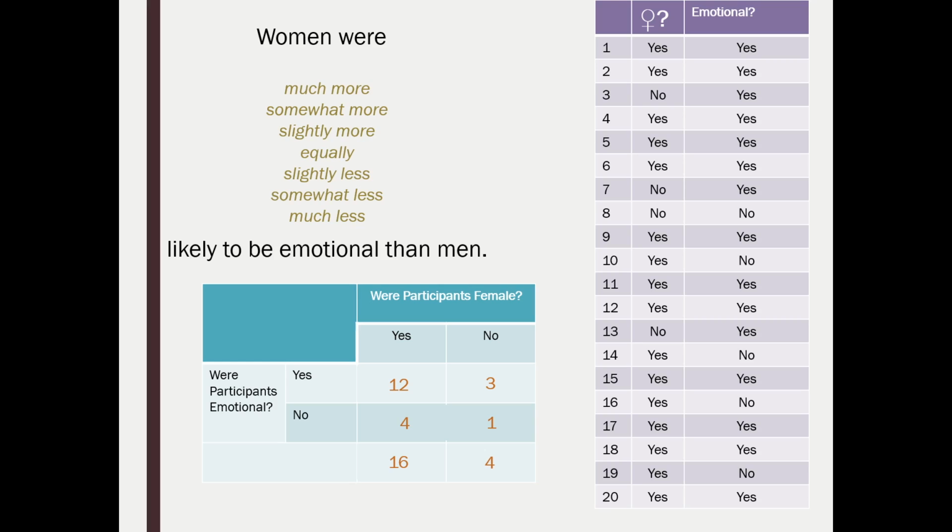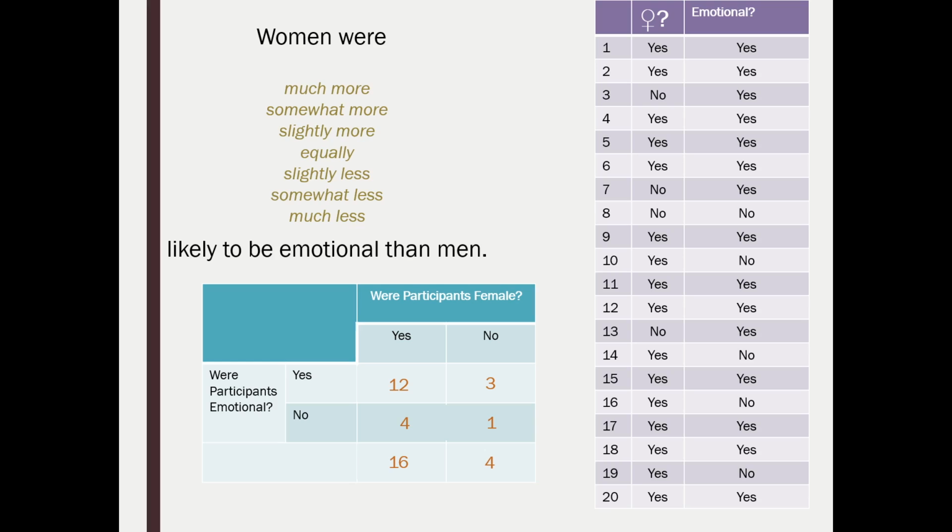So this is a really super simple one. We don't have to compute any statistics to confirm our interpretation that they were equally likely to be emotional. There are statistics that we could run if this was closer together, but I think when you see that they are exactly the same number, there's no real reason to run any statistics on it. 3/4 equals 3/4. I'm going to very confidently say they were equally likely to be emotional.